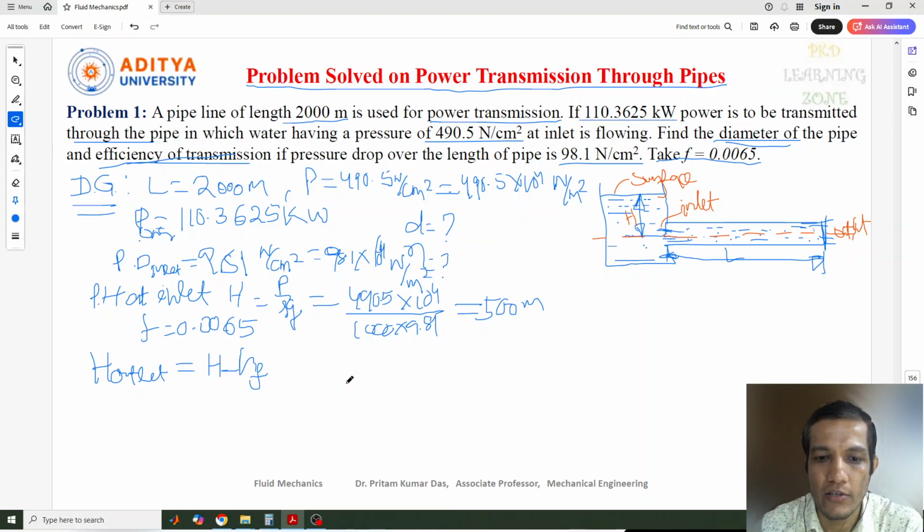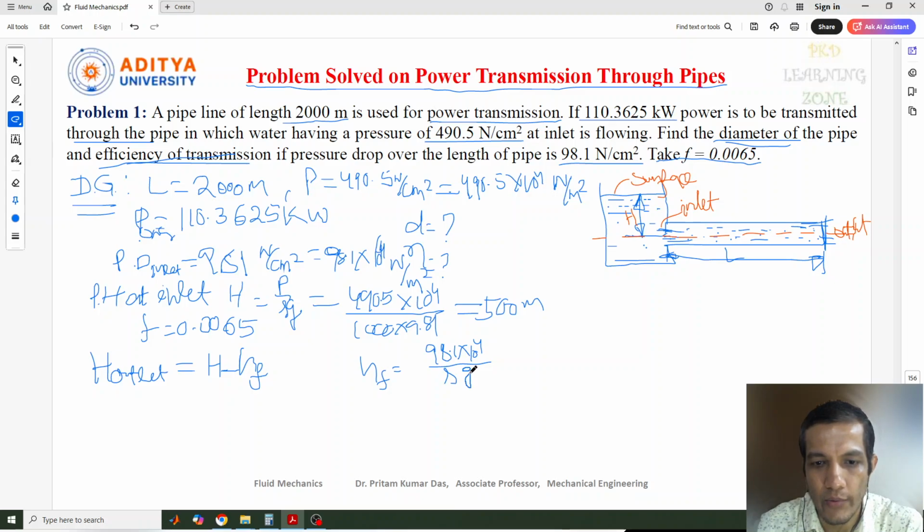Okay, so the loss of head through this pipe flow, HF, equal to, so what is the pressure drop? Here the loss of head can also be calculated this way: the pressure drop, that means the initial pressure minus the final pressure, divided by rho g.